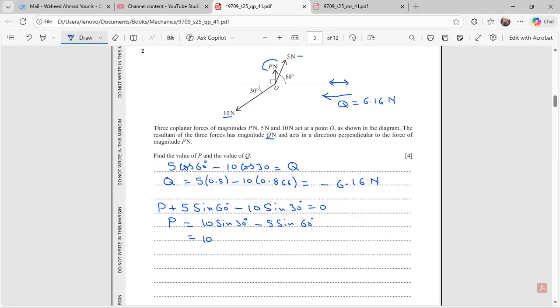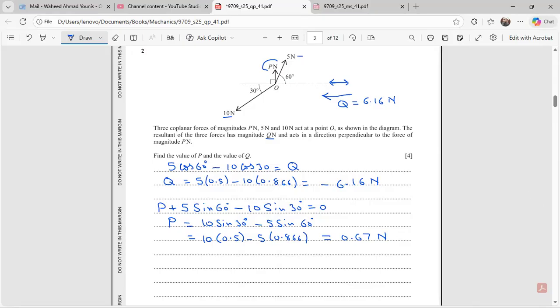So 10 into sine of 30 degree is 0.5 minus 5 into sine of 60 degree is 0.866. And this all comes out to be 0.67 Newton. Okay, so these two questions are easy and straightforward.